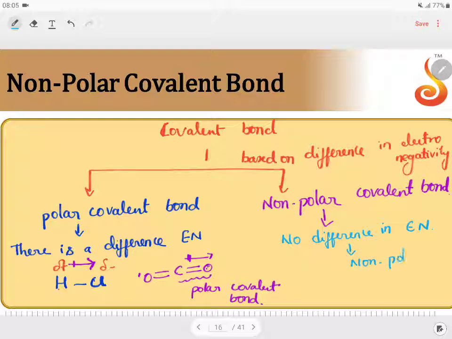What are the examples? If you consider N2, Cl2, F2, Br2, all these are non-polar molecules wherein there is no difference in electronegativity. If I write N triple bond N, no difference in electronegativity. Okay, this is about the polar covalent bond and non-polar covalent bond.